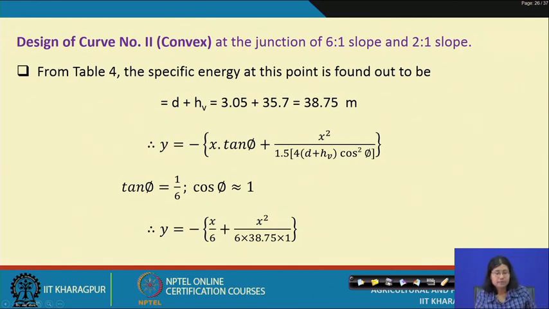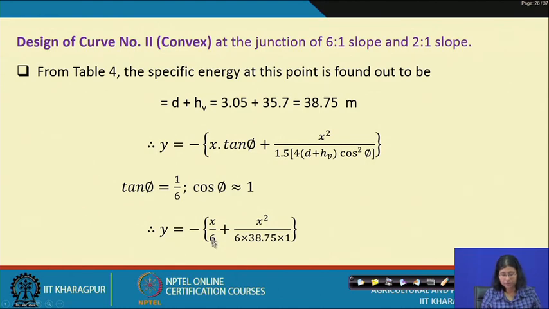Now, the design of curve number 2 at the junction of 6:1 slope and 2:1 slope. From table 4, the specific energy at this point is found to be d plus hv. Since tan phi is 1 by 6, cos phi is approximately 1.